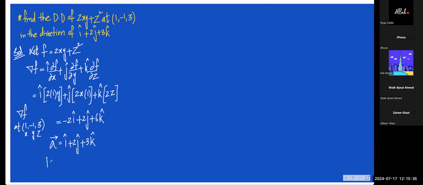A is there, we need not worry about it. We have to simply find the magnitude, that is under root of i coefficient whole square plus j coefficient whole square plus k coefficient whole square, that is 9 plus 1 is 10, and this is root 14. Now yes, we got it.